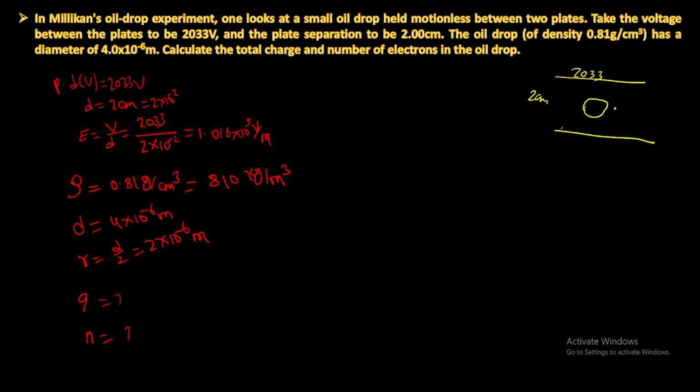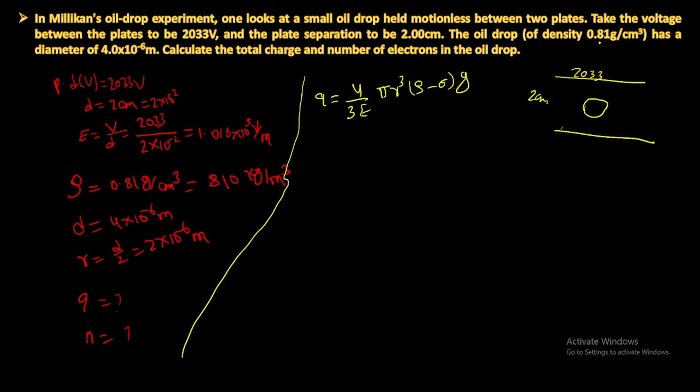It is the stationary, motionless condition. So in the motionless condition, the formula to find the total charge is Q is equal to 4 by 3 E pi r cube rho minus sigma g.